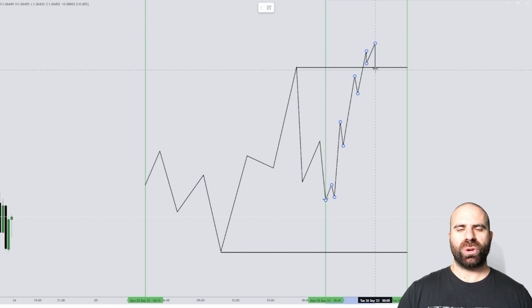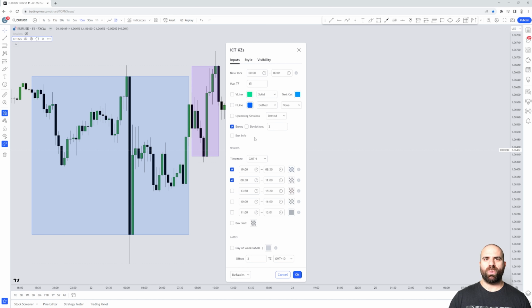We are gonna be extending those highest and lowest points to the right, and then from 8:30 until 11 o'clock New York time, we will be expecting to see either the highest or the lowest point from 7 until 8:30 to be broken, and then a change of character or a market structure shift, as you might have heard it, to happen. And when this happens, we are gonna be taking the trade and we will see what we're gonna be targeting.